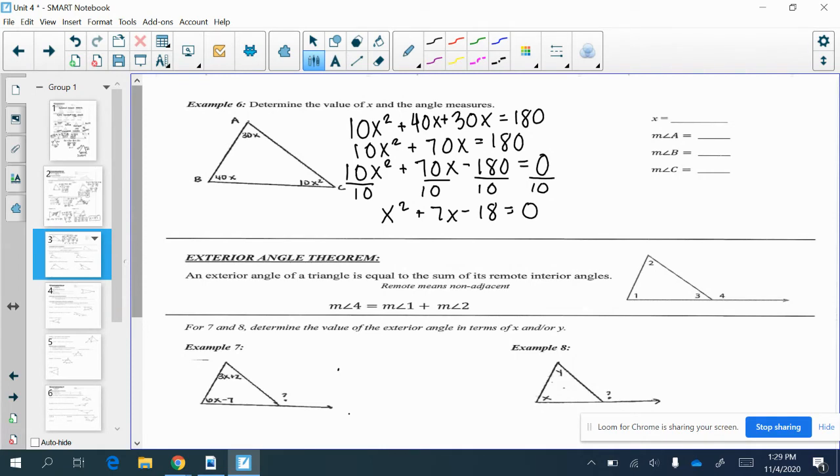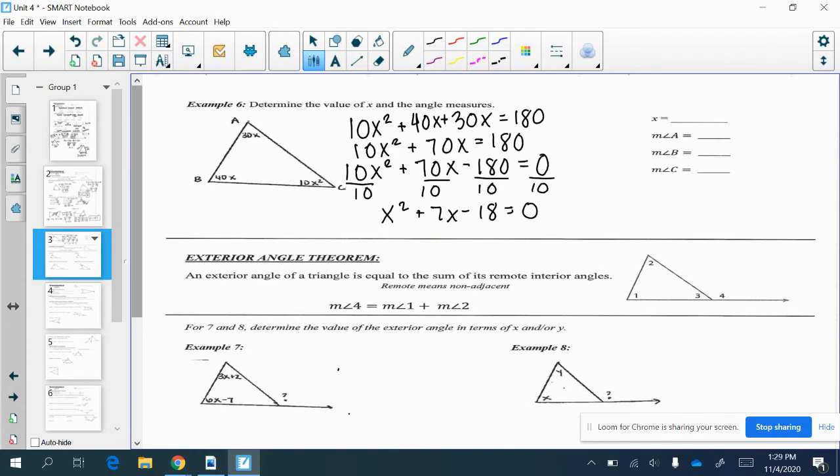So I need to find two numbers that multiply to negative 18, but add to be 7. Okay, so negative 18 that multiply to be negative 18. There's 18 and 1. There's 2 and 9. Well, 2 and 9 would work.